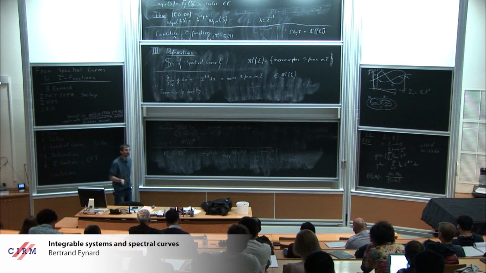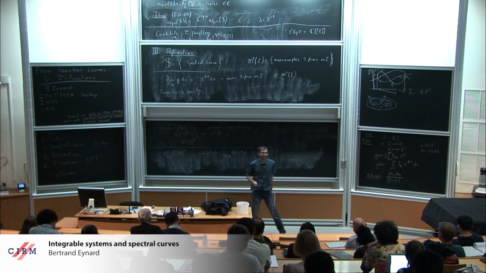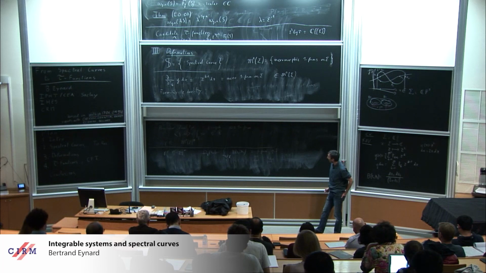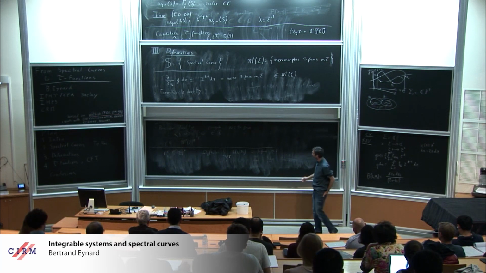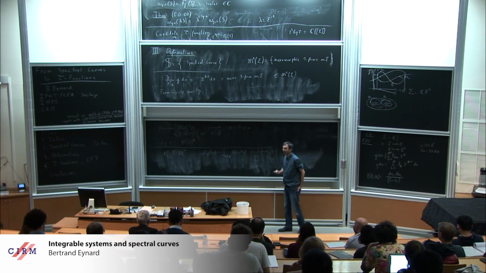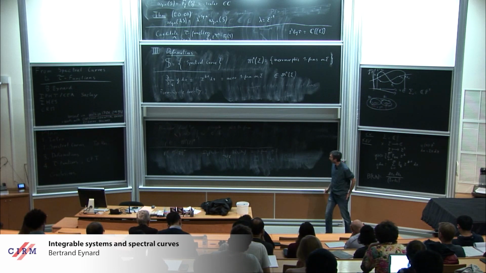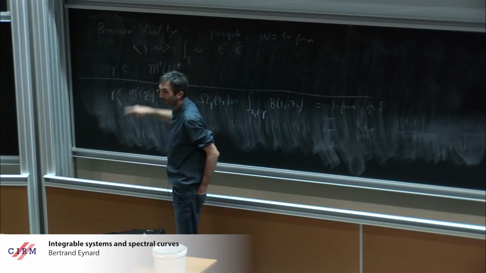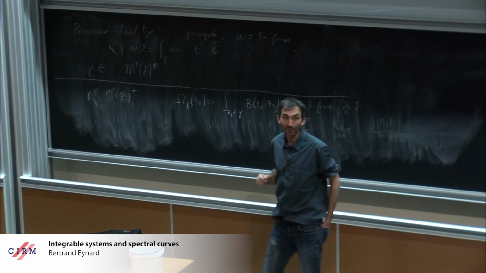It's not even C0. It can be really something very, very bad. So it may happen that for some elements of a dual, this is not a well-behaved analytic one form. It's not meromorphic. So let's take the subset of the dual for which you get something meromorphic.